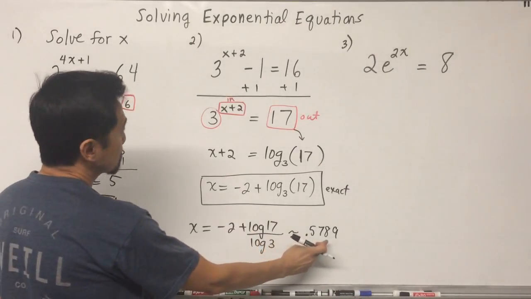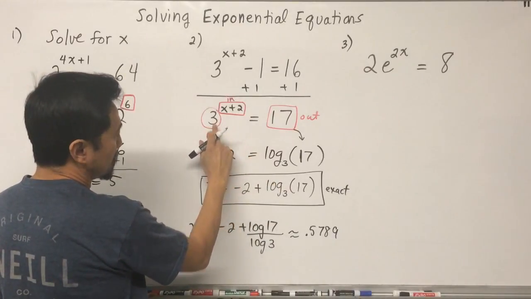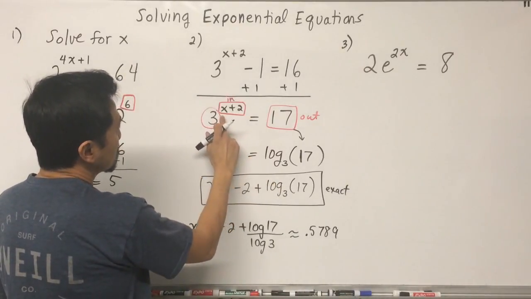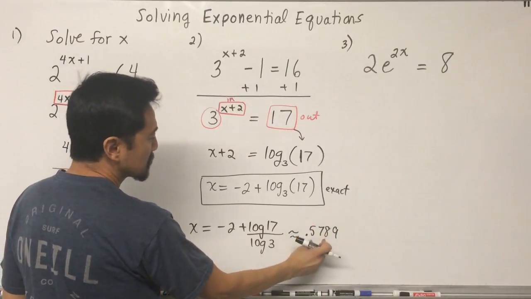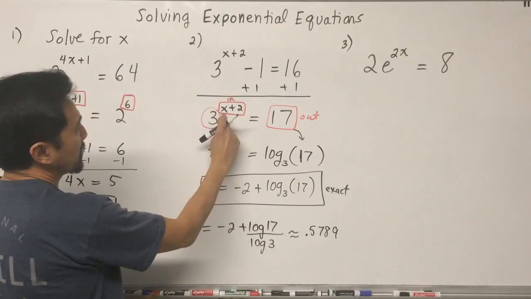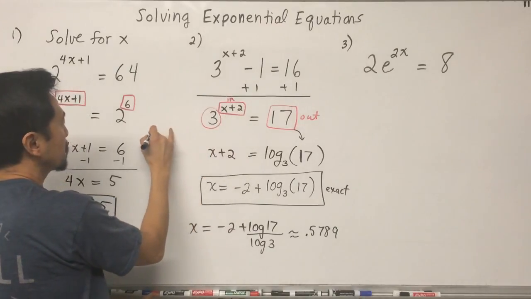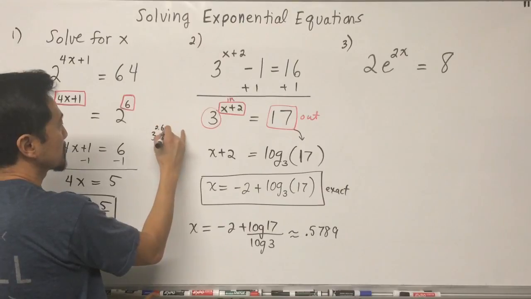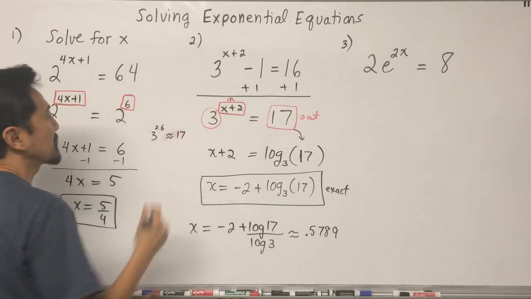Okay? So that makes sense, because look, this is a value that is close to 0.6, right? So if I took 0.6 and added it with 2, you'd have 3 to the power of 2.6. And that's going to then give you something very close to 17.